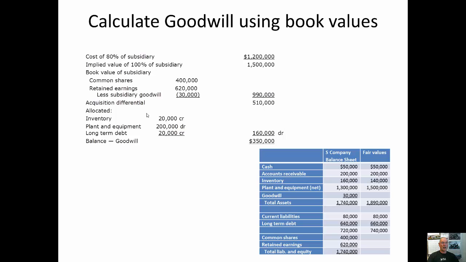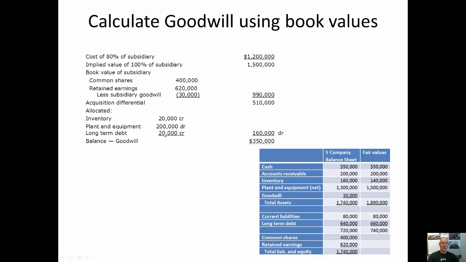When we allocate that, you'll notice that inventory went down, so inventory, an asset, goes down with a credit. Plant and equipment was up $200,000, so to increase this asset, that would be a debit. Long-term debt increased, so a liability that goes up is a $20,000 credit.